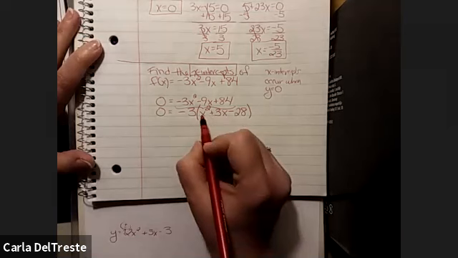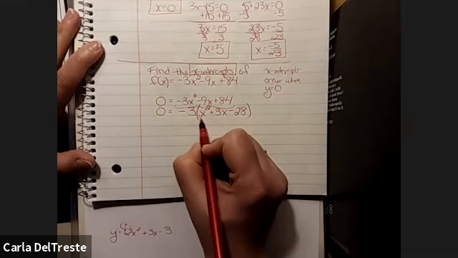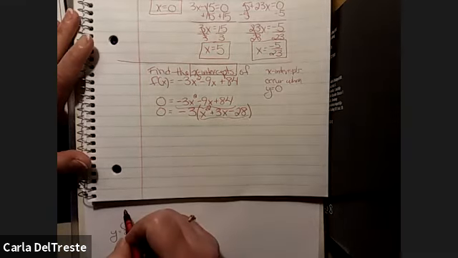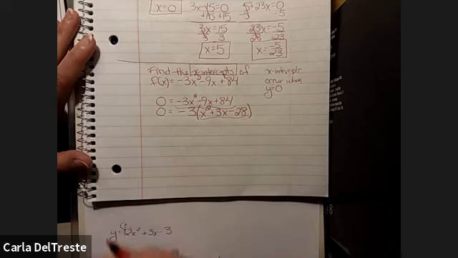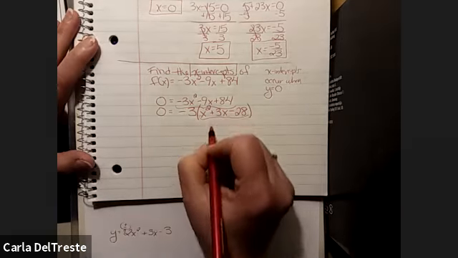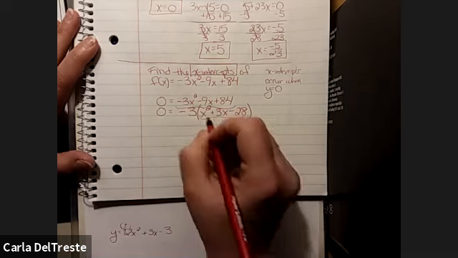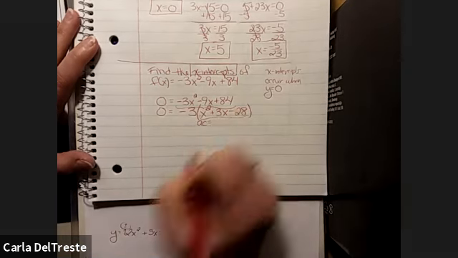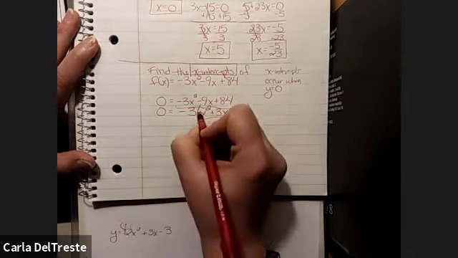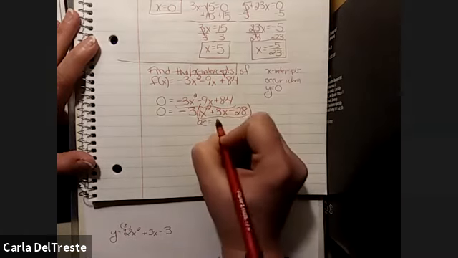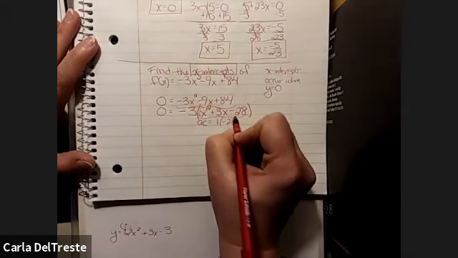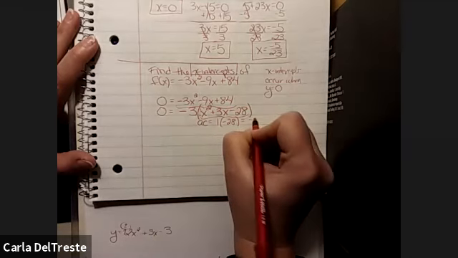Okay, then we focus on the quadratic that's left in the parentheses. And I'm going to go through the whole quadratic process. I'm going to identify my A, B, and C, and I'm going to multiply AC. So in this case, my A is 1, and my C is negative 28. So I get negative 28.